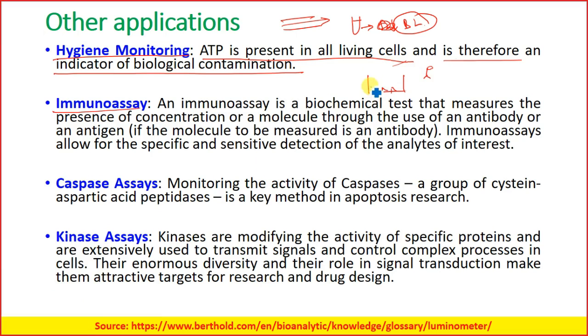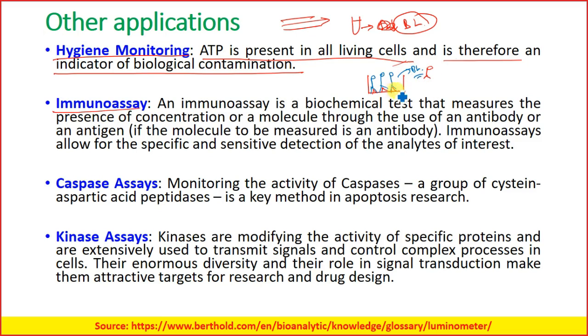If they bind, it will look something like that. Now if you wash it off, if they are binding, then they will not be removed. Then you add the other components, the ATP and the luciferin, and it will generate the bioluminescence. In that way you can go for the immunoassay.